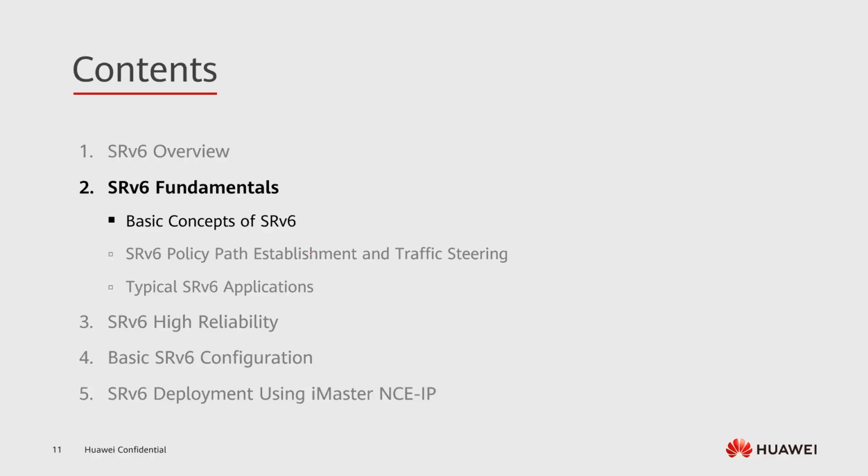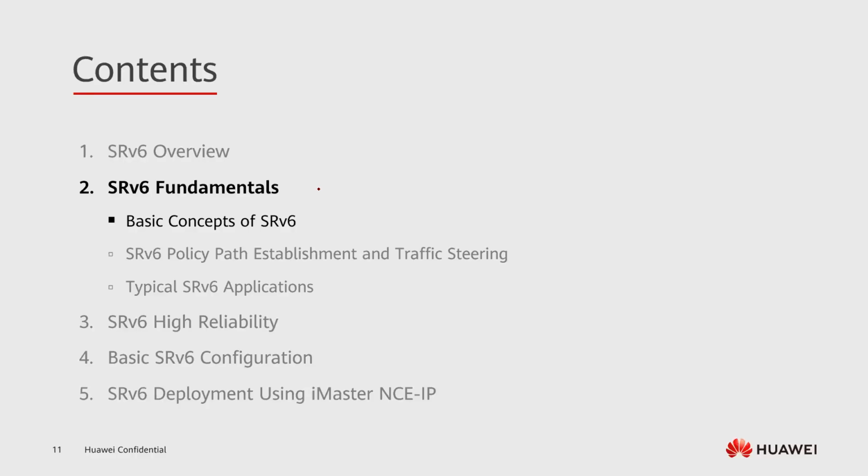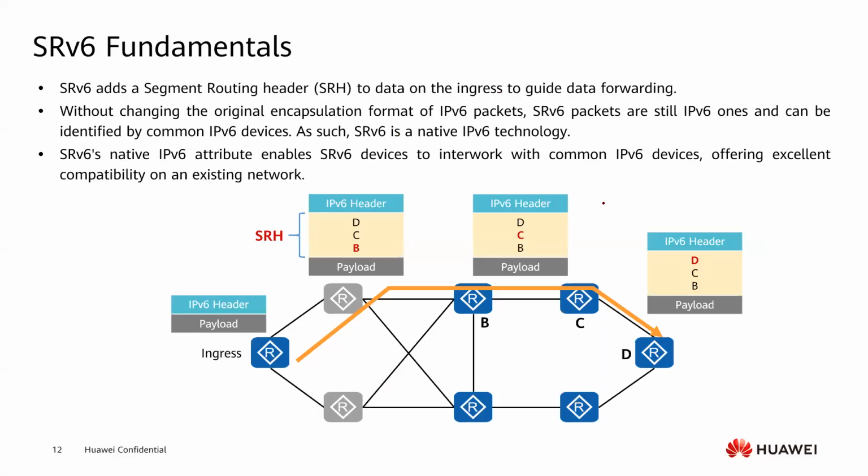Okay, so let's directly look at the SRv6 fundamentals. Let's have some basic idea. First, how does SRv6 help us do the forwarding? This is the first big difference compared to SR-MPLS. For SR-MPLS, we have a segment list, an MPLS label stack, like 1000, 1001, 1002, 1003, 1004.